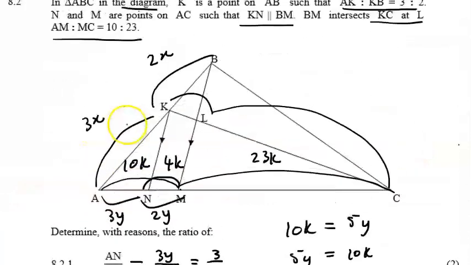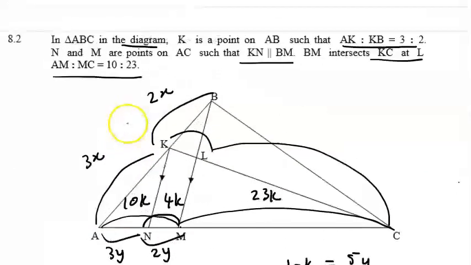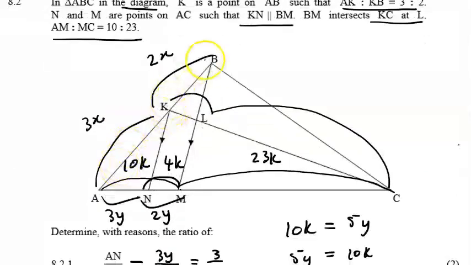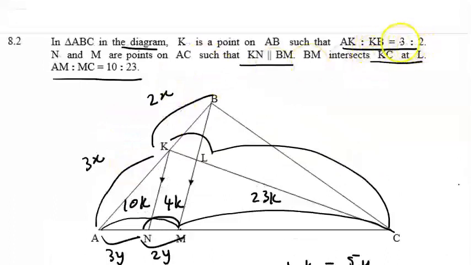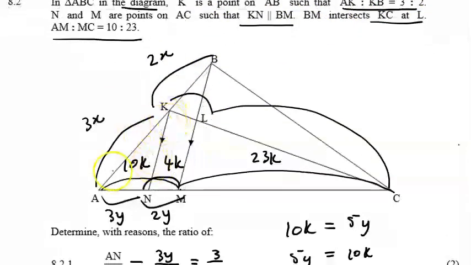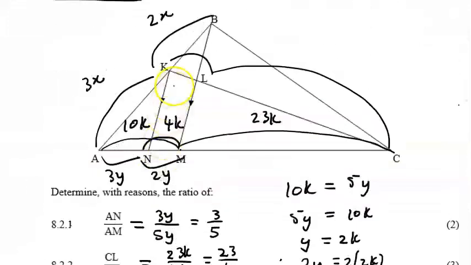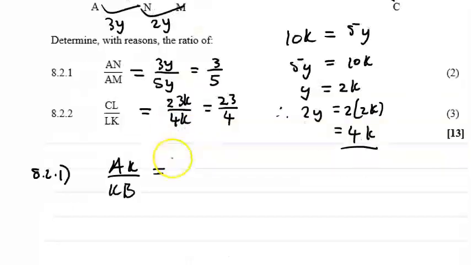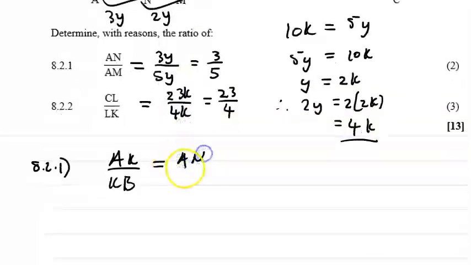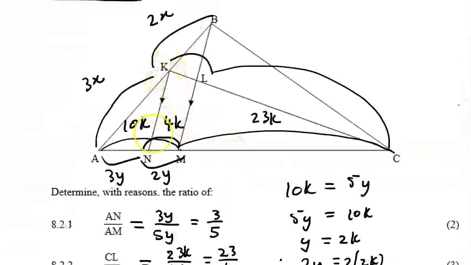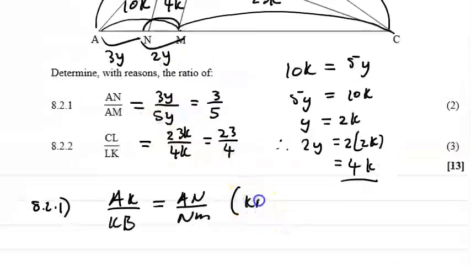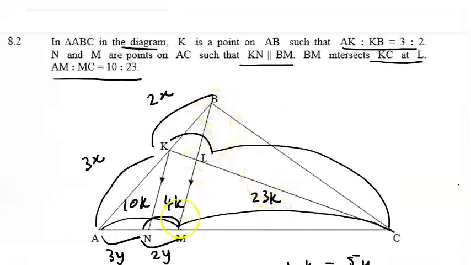The first thing that I'm going to write down here is, what am I given? I'm given that AK over KB is equal to 3 over 2. So let's write AK over KB. AK over KB will equal AN over NM, because KN is parallel to BM.